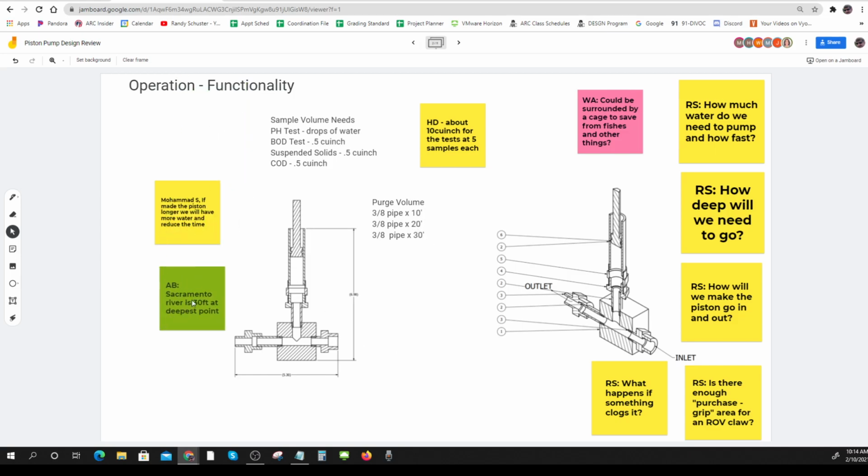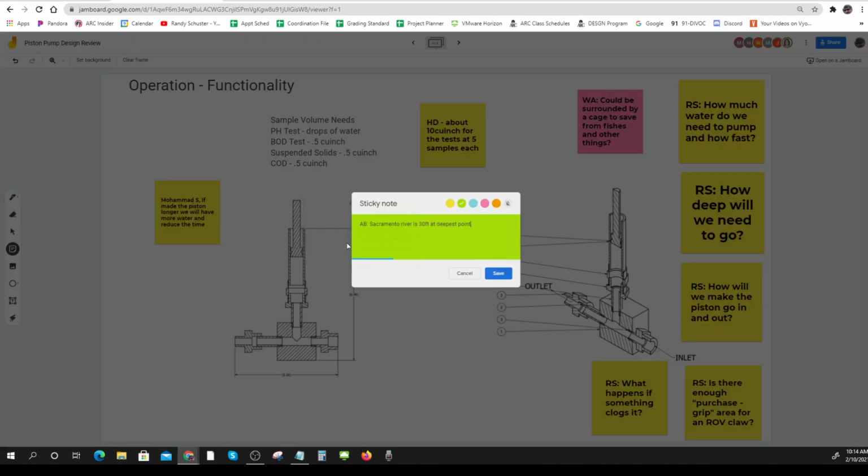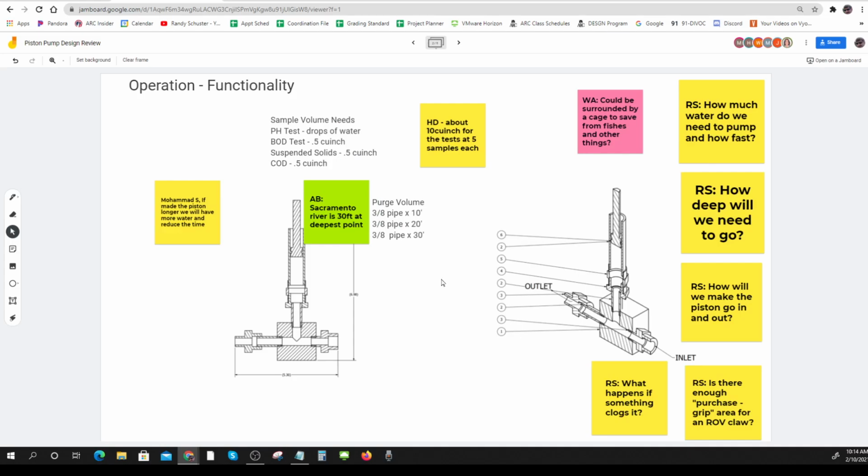So we know that it's 30 feet at the deepest point. I'm going to put this one right over next to this. And so this would be sort of like the minimum, and this would be like the maximum. Somebody get those calculations in there for me.